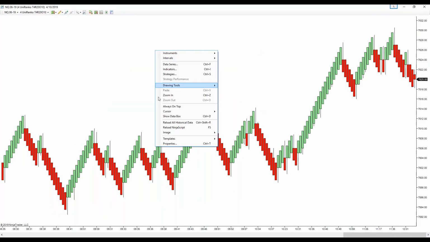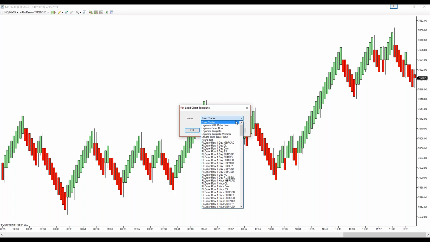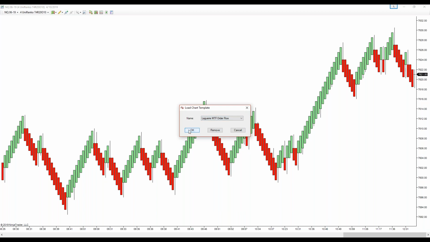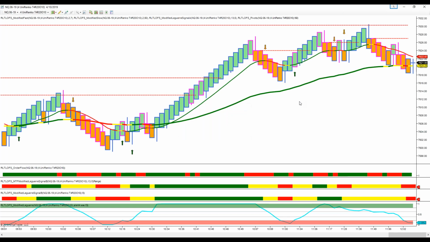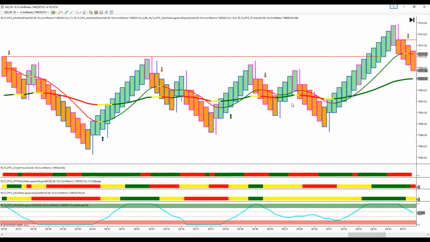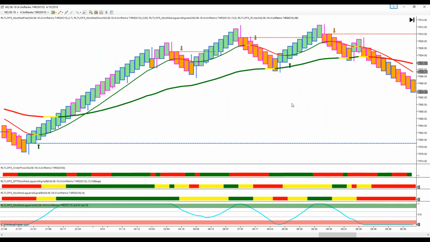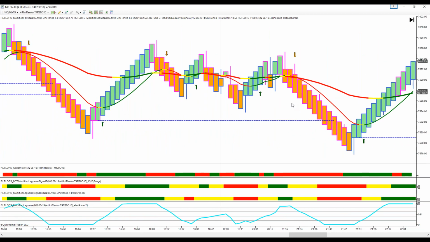What I'm going to do, I'm going to load the template. Now here's the system on a live chart. Now let me show you a couple of things that we've done to change it a little bit, and a couple of additions, and I'm going to have to mention them really fast.